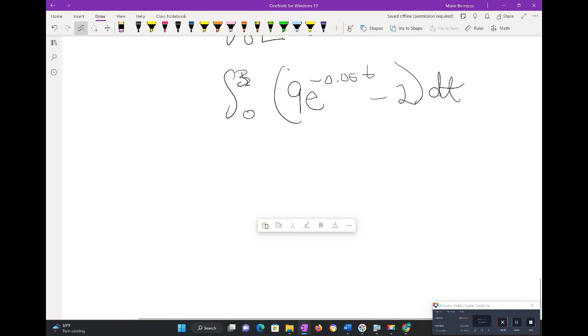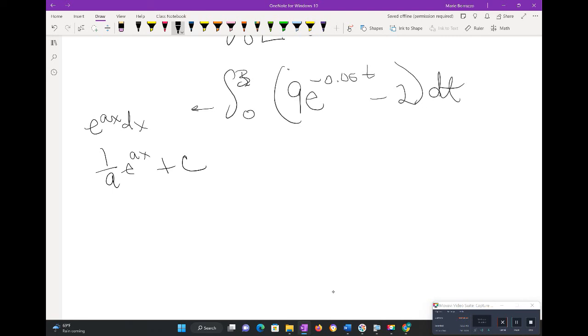If we re-express this, you need to go back and recall that 9e to the negative 0.05t is the equivalent of a to the x dx, which is equivalent to 1 over e to the ax plus c.